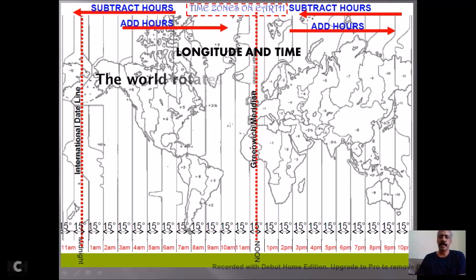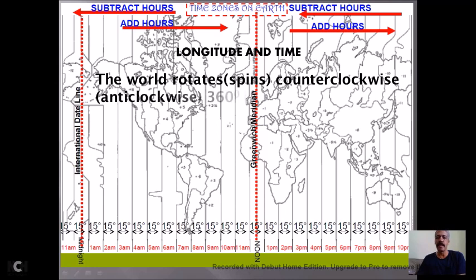The world rotates or spins counterclockwise, or another way we can name it anti-clockwise, 360 degrees every 24 hours. Then you can divide 360 degrees by 24 hours, you will get 15 degrees per hour.